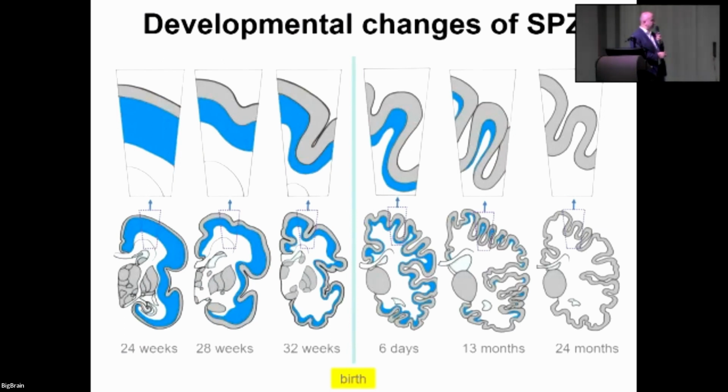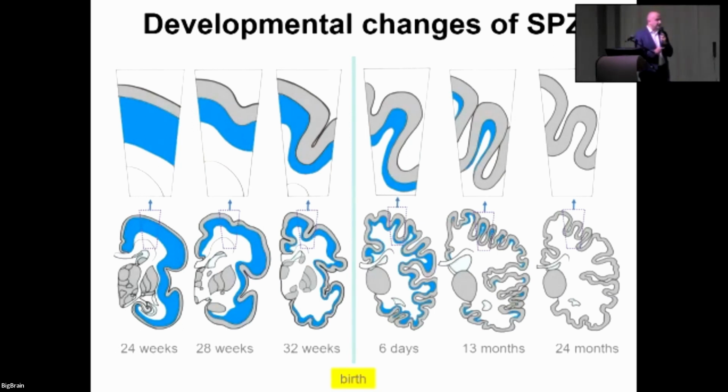But if you start at 24 weeks of gestation, this is completely different because the subplate zone is the main player in cerebral wall. So during the time, the volume of subplate will slowly decrease, but it is important to notice that even after birth, you will find subplate in the brain.